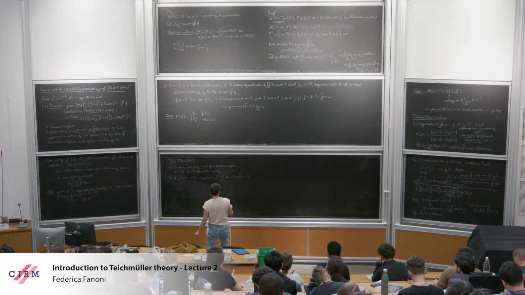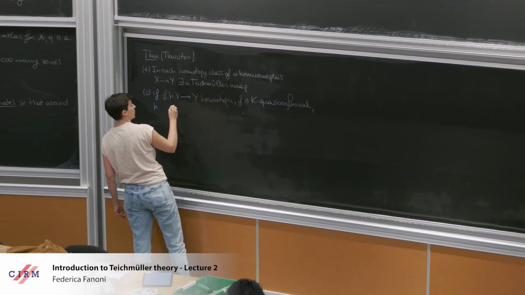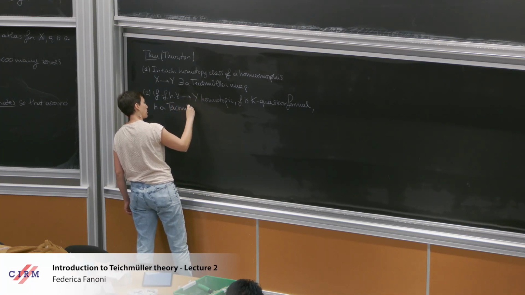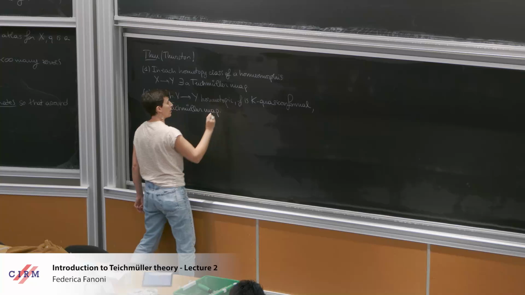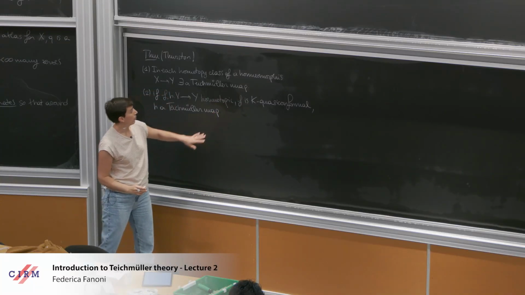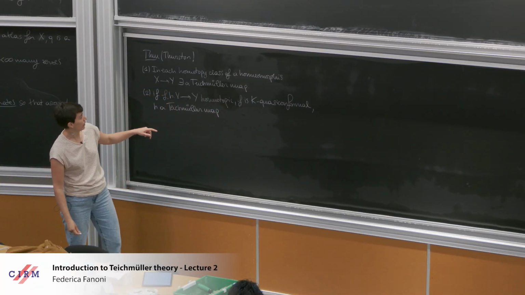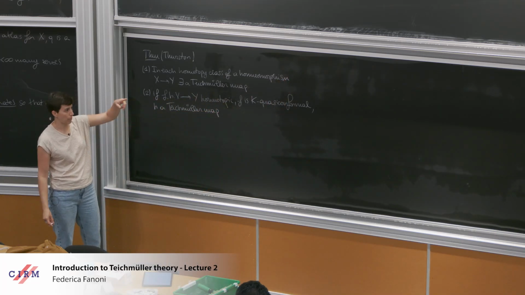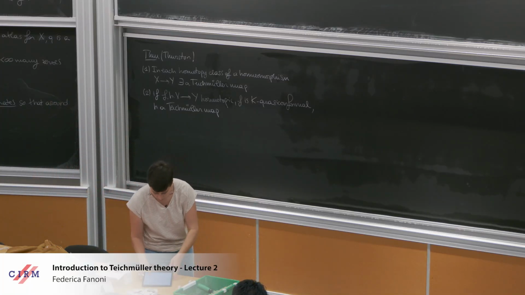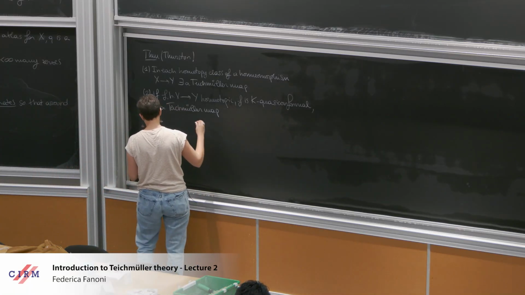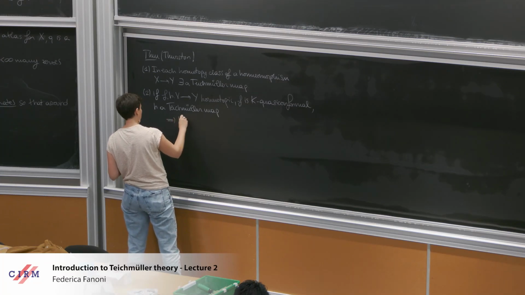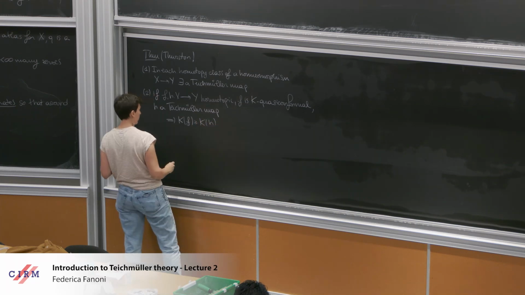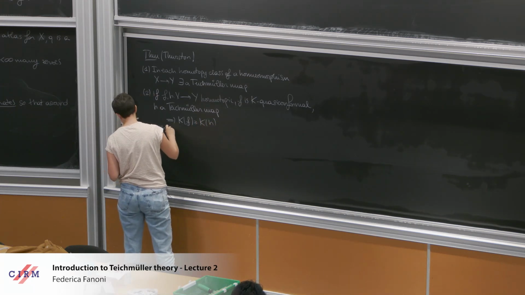And then I have H, which is quasi-conformal, is a Teichmüller map. Then actually the KH is the best map in terms of quasi-conformal dilatation. So K of F is at least the quasi-conformal dilatation of H, and we also know when we have equality.